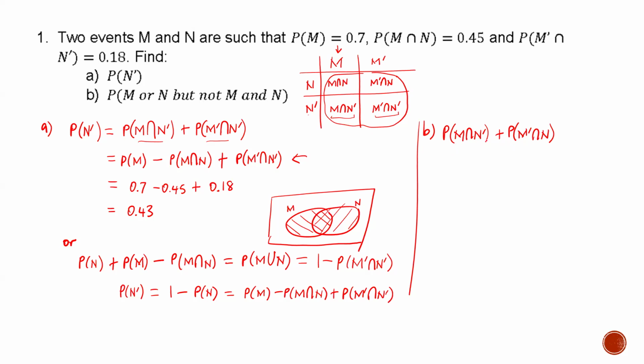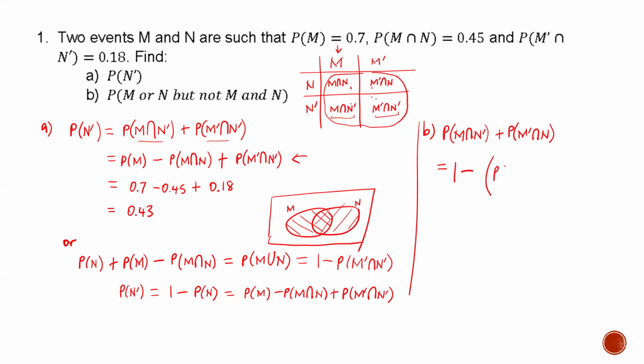Now, to get this, you could say that it is exactly 1 minus the other two remaining sets, because the sum of the probabilities of these four sets is 1, because they are all disjoint and they encompass all the cases. They are exhaustive and mutually exclusive. So the sum of their probabilities is 1.